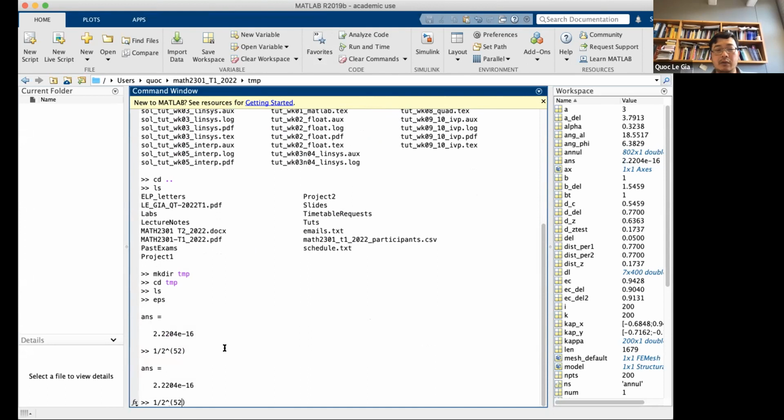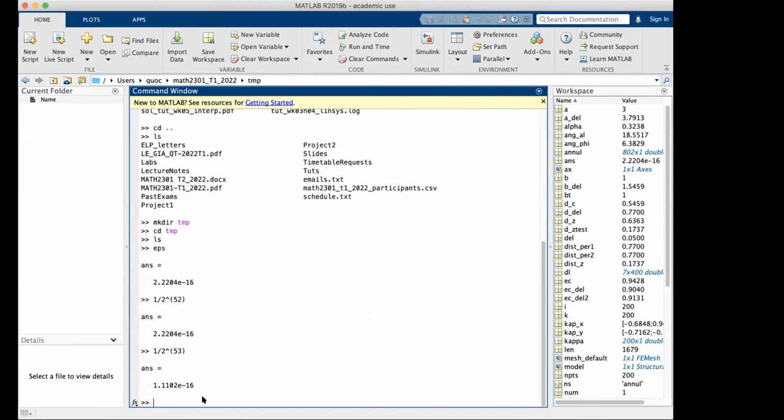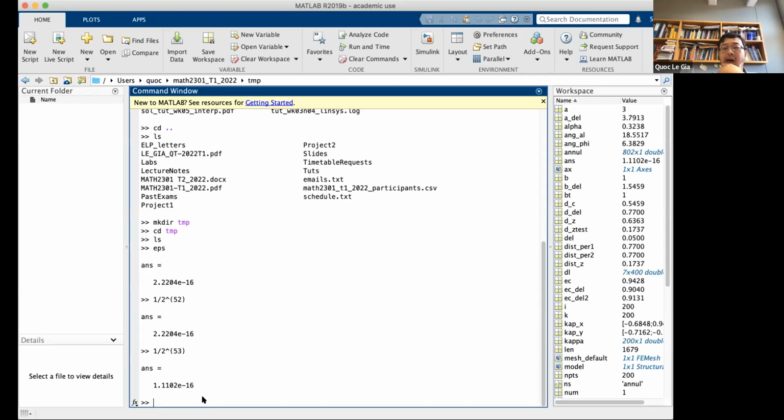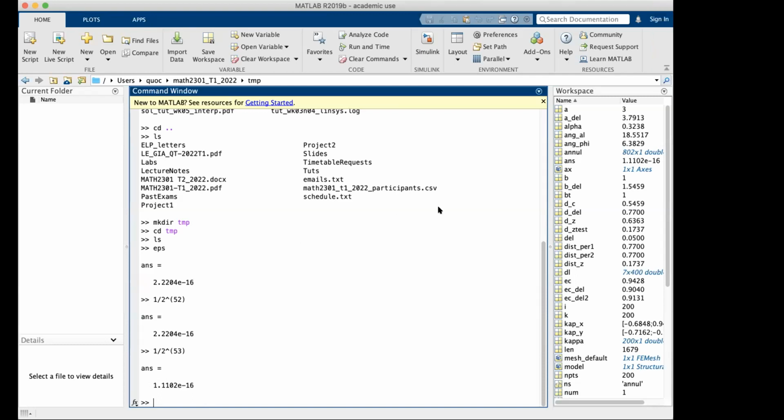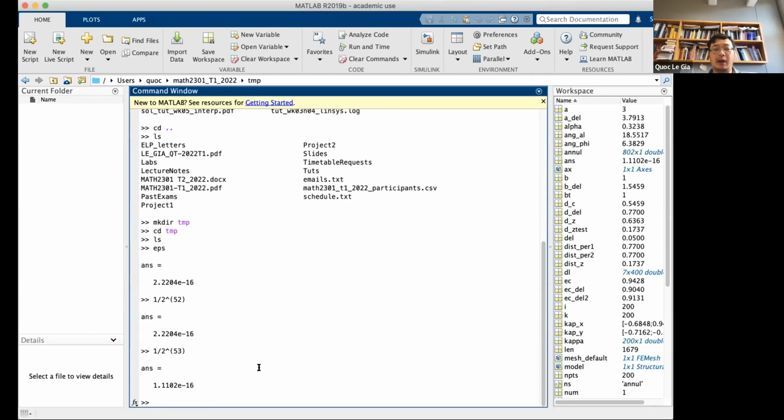So we can try to see what happens if I put in, say, 1 over 2 to the 53. Oh, I don't get 0. Sorry, somebody forgot to mute. Okay, so I don't get 0. I got epsilon over 2.